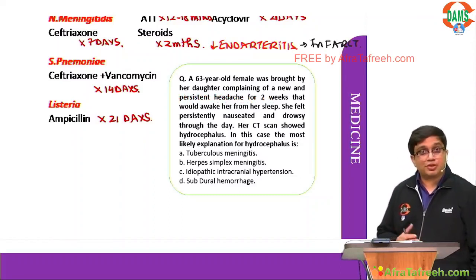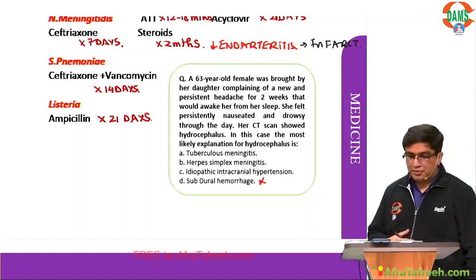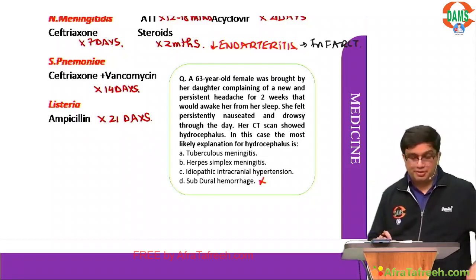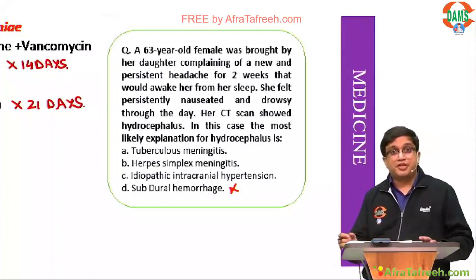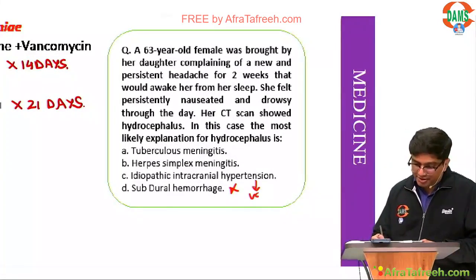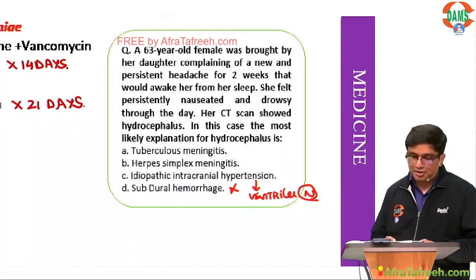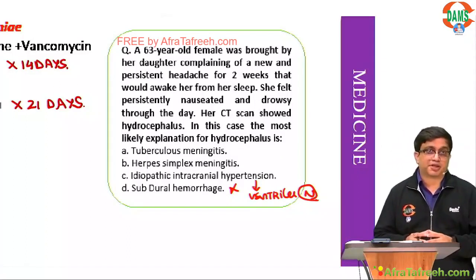Subdural hemorrhage is totally ruled out because the CT scan doesn't show you an SDH there. Idiopathic intracranial hypertension can come with a raised ICT, but generally the age affected over there is young obese females. Here, the ventricle size often remains normal in idiopathic intracranial hypertension. Herpes simplex will always come with temporal hyperintensities typically.